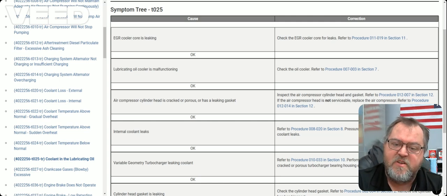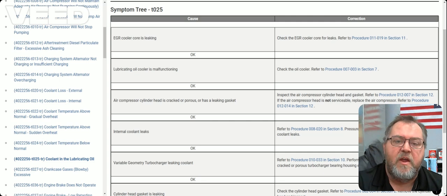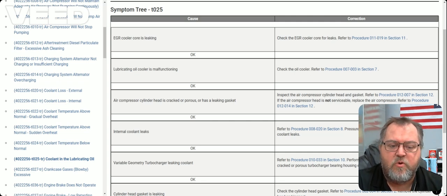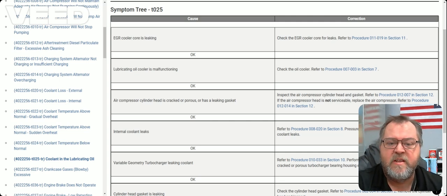If you don't have it, then you're just going to have a really difficult time tracking some of this stuff down and doing some of these tests. If you need more specific information, or part numbers for test kits or something like that, just leave something in the comments and I'll do my best to help you out.